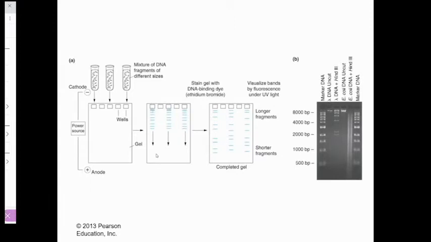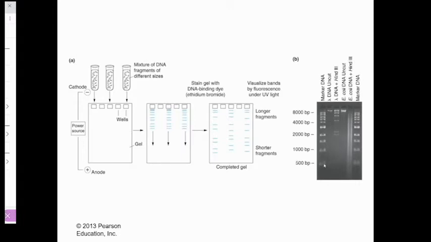And then after a certain period of time, we can resolve the smaller DNA from the large DNA, because smaller DNA runs faster than the large DNA. This is an example of a DNA agarose gel, and here is a size marker. We have 500 base pair DNA fragment, 1,000, 1,500, 2,000, 3,000, 4,000.